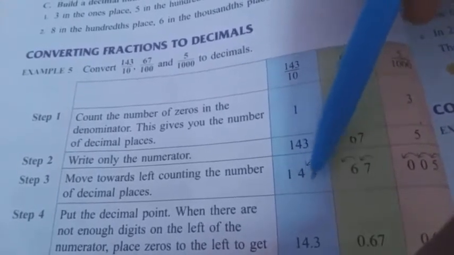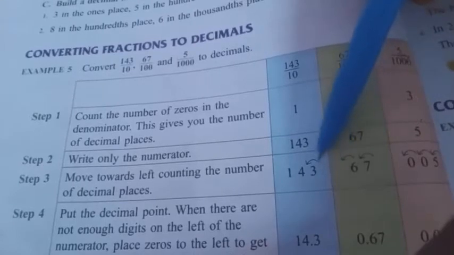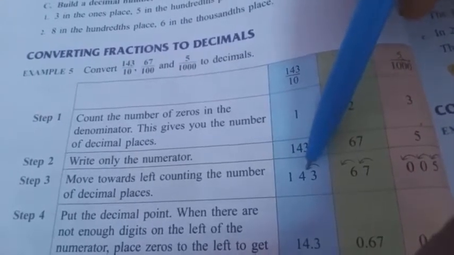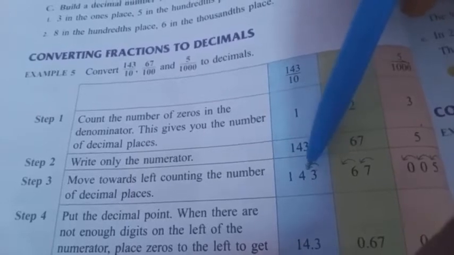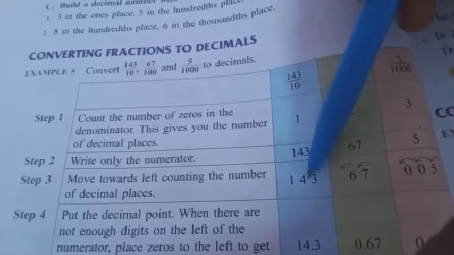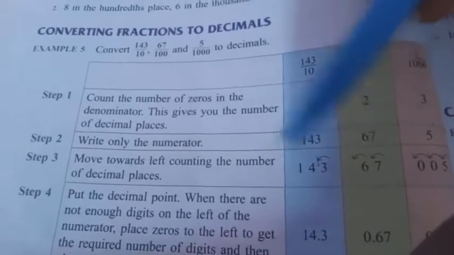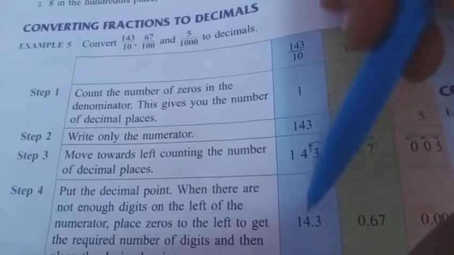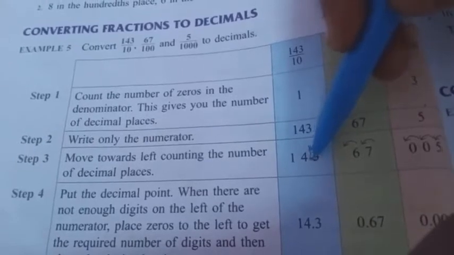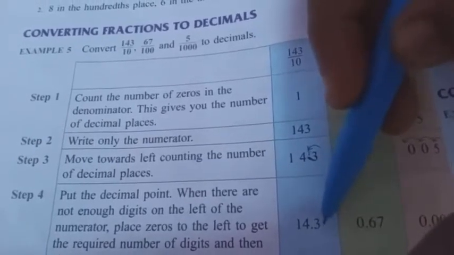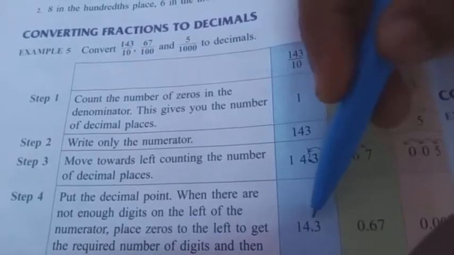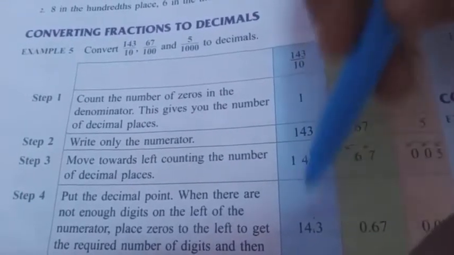So here we have 1 zero. So in 143 we are going to count only once. When you count 1, where is it coming? It's coming before 3. So if it is coming before 3, then there we have to place the decimal point. See here, the decimal point is placed before one number. Why before one number?